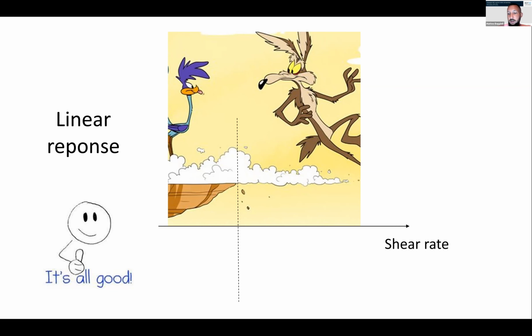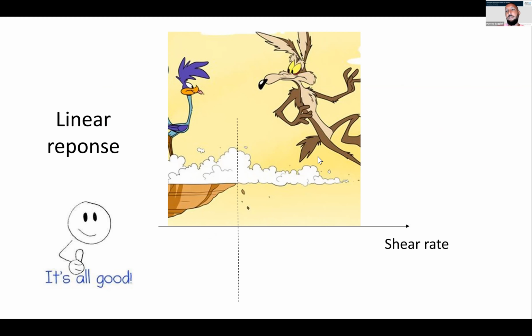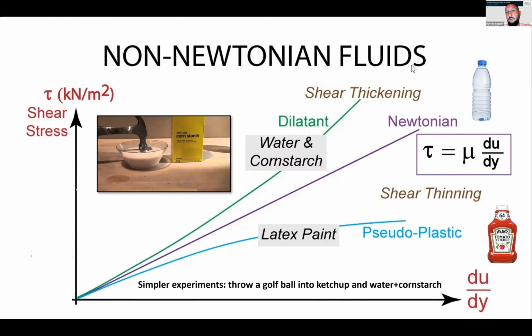So the question that I want to analyze today is what happens when I make this shear rate large. And as a tool, I will use holography because that's a very simple tool with which I can reach that regime.